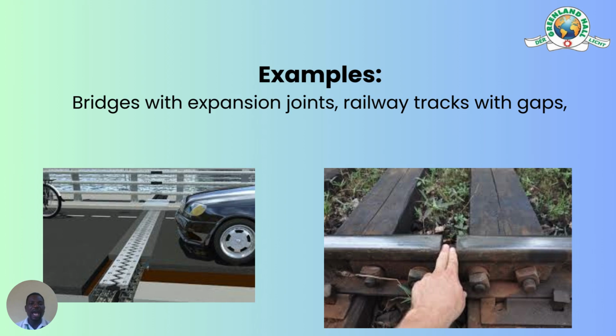So the engineers have to make allowance for the expansion of the iron or whatever material they use in constructing the bridge. In the same way, you might have seen these gaps in a railway track if you live close by the railway line. These are real examples of expansion. All of these are to make allowance for any small increase in the length of the metal should there be any increase in temperature.